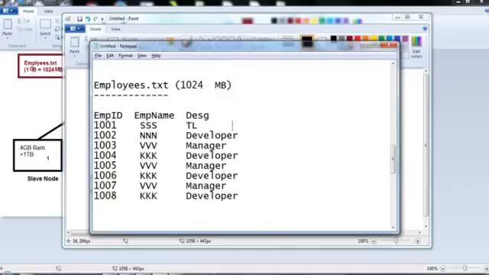So let's say each line is, let's keep it 100 MB, guys. Each line is of 100 MB. I have to add more, I guess.